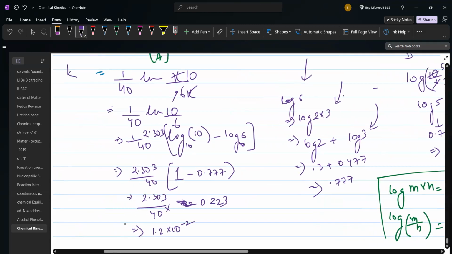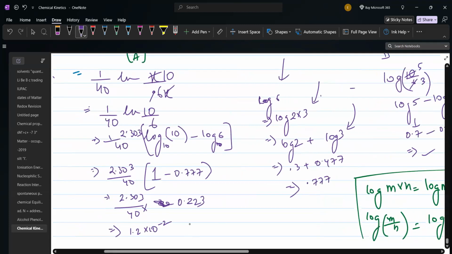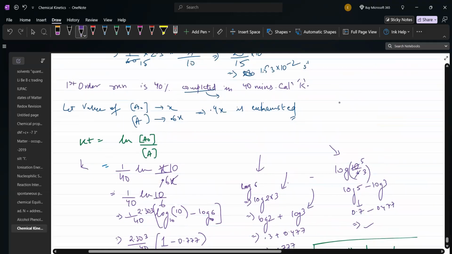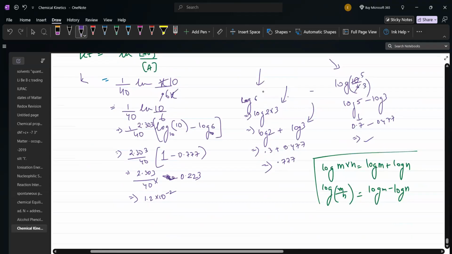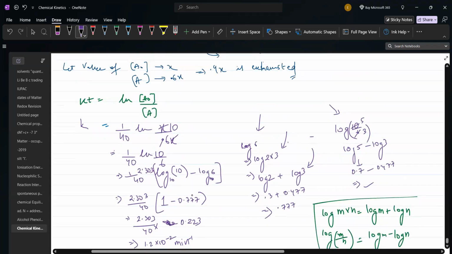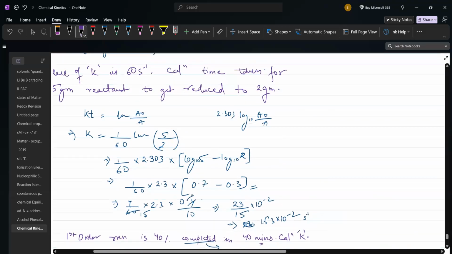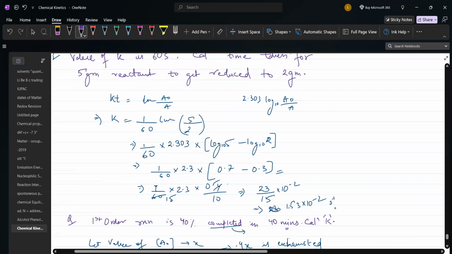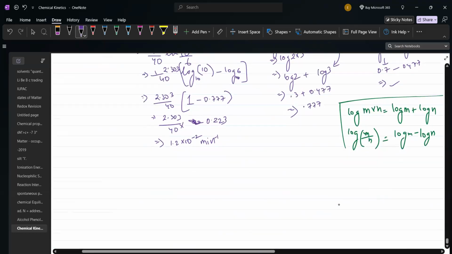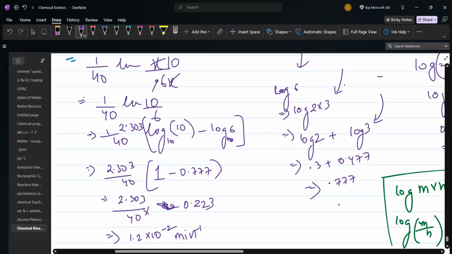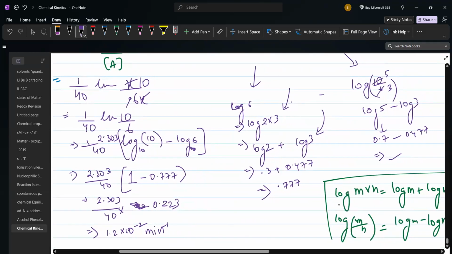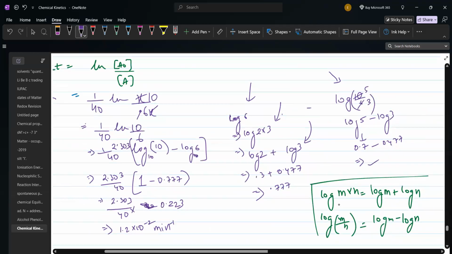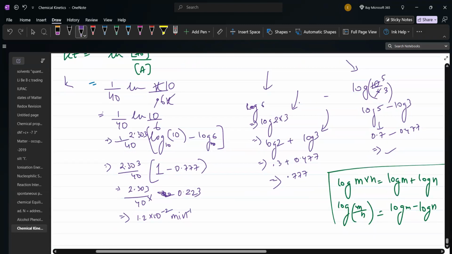The question was asking K, and the unit was minutes, so the answer will be in minute inverse. In the previous question the answer was in second inverse, but here the answer will be in minute inverse. Got it everyone? Please note it down.